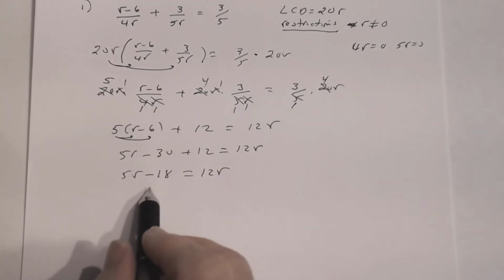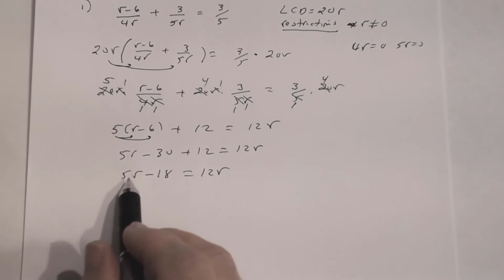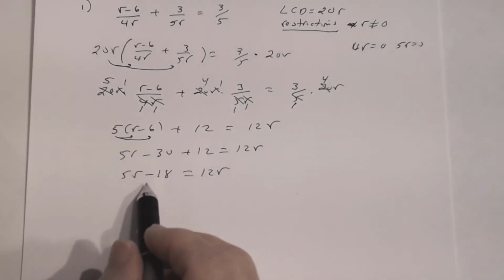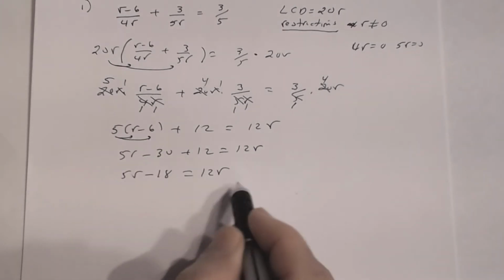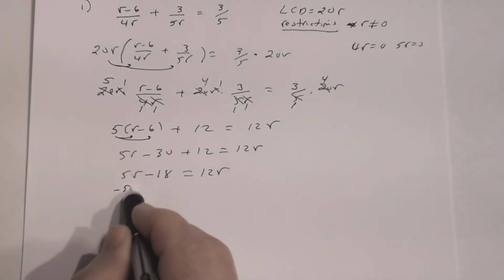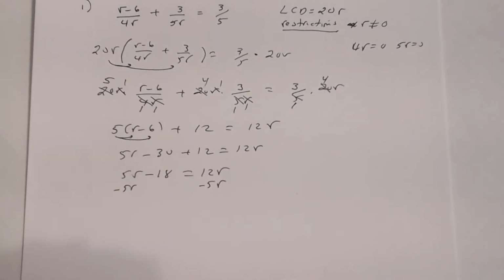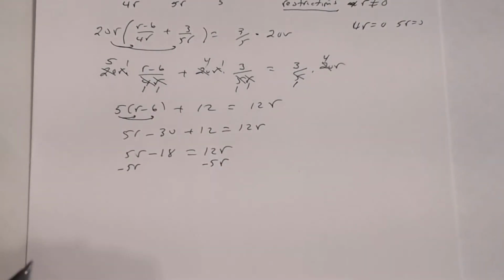And since the variable's on both sides, and there's only one constant, and that's on the left, I'm just going to bring the variables to the right. So I'm going to subtract 5r from both sides. Again, what you do to one side, you do to the other.